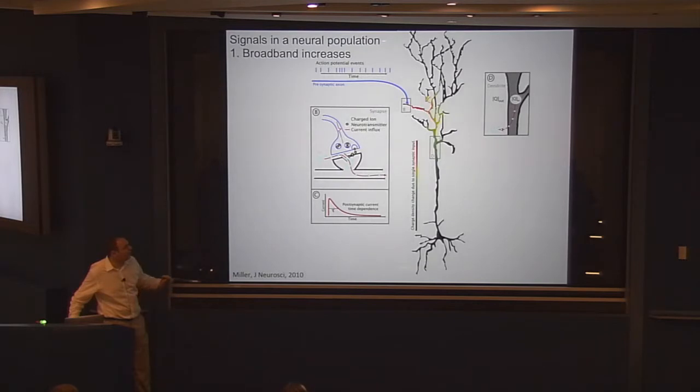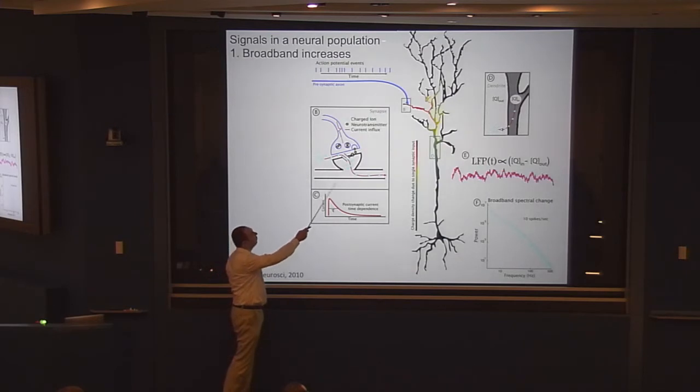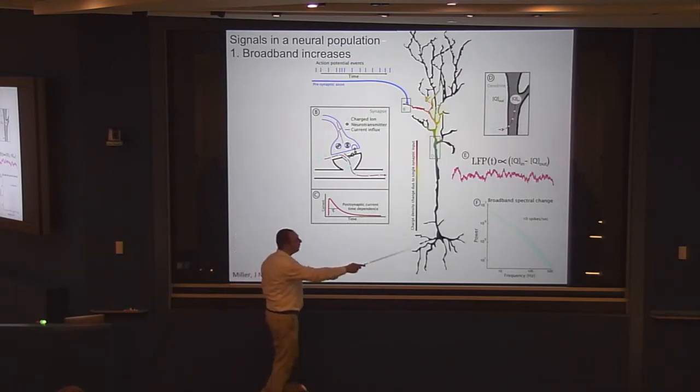And that current then is what produces the field potential that we measure. And if you simulate this by simply taking Poisson inputs and put it through postsynaptic currents and a leaky integrator, you will get something like this.